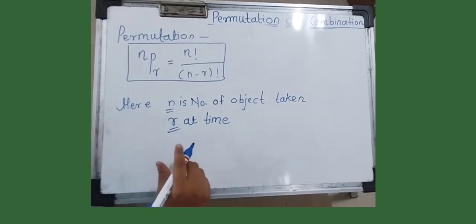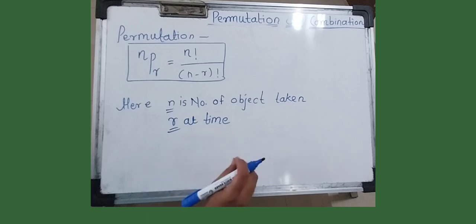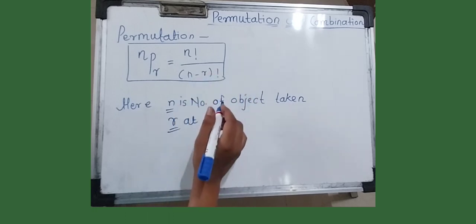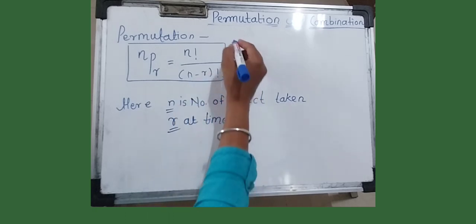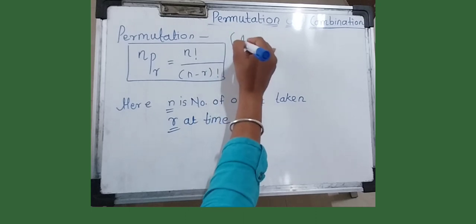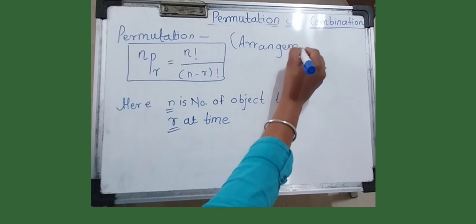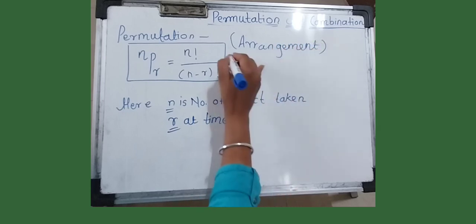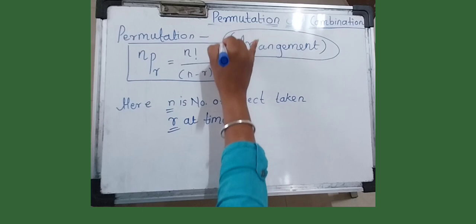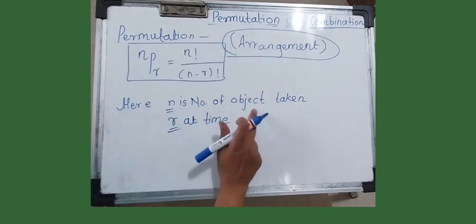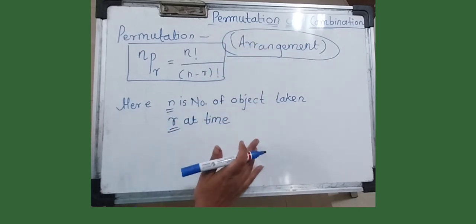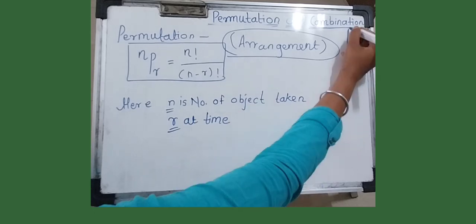One more thing, remember this thing: permutation is the arrangement. Okay, one word, arrangement. Permutation is the arrangement of n objects taken r at a time, and combination is the selection process.